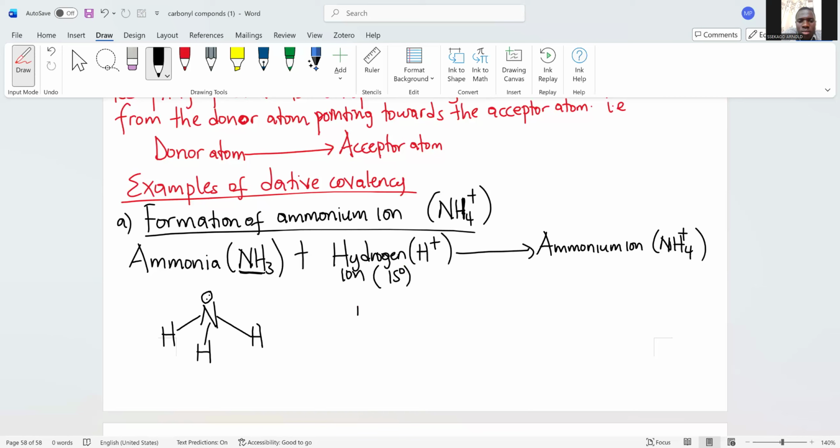So this is H+, meaning that in this case we have hydrogen ion. Don't worry, you should put all these things in your work so that you understand this better.